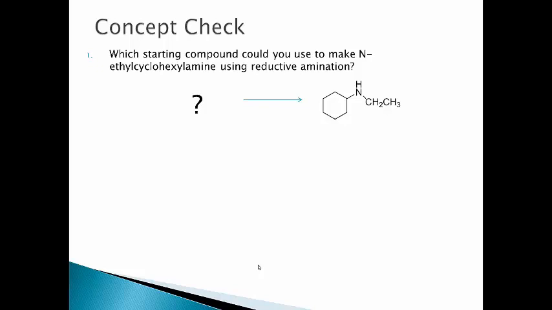Okay, so looking at our compound here, we have a cyclohexyl ring with an ethyl substituent coming off it.